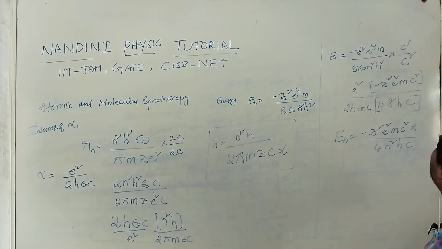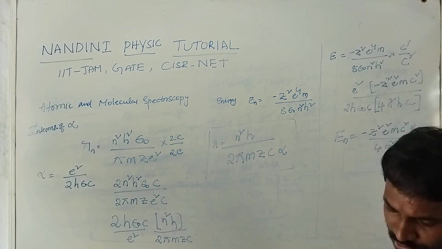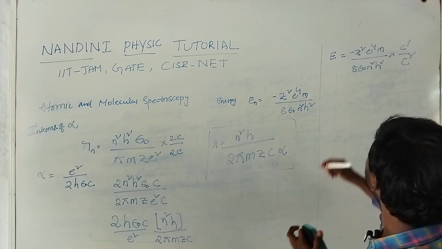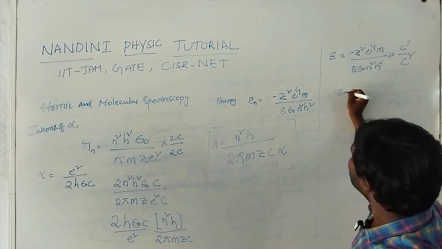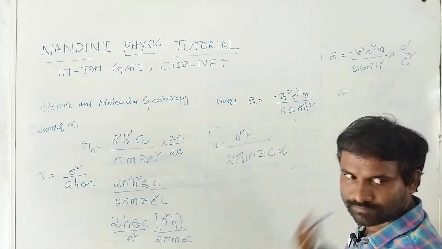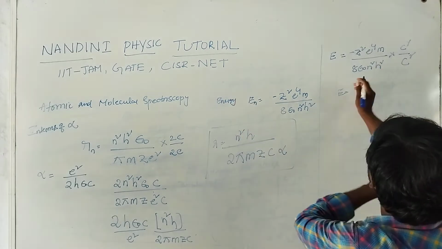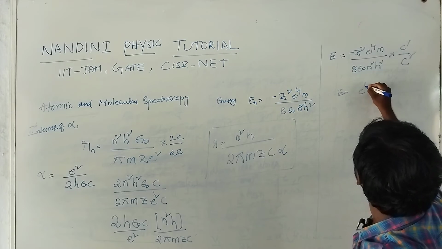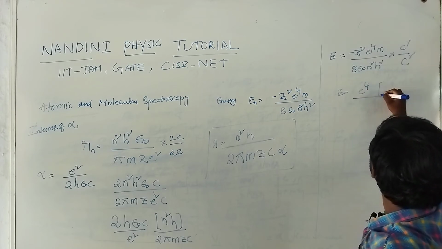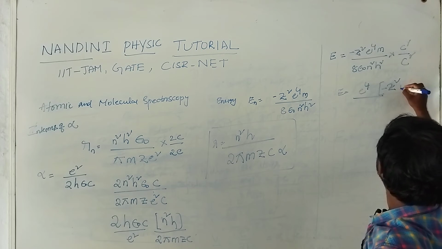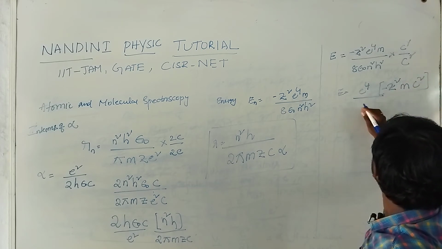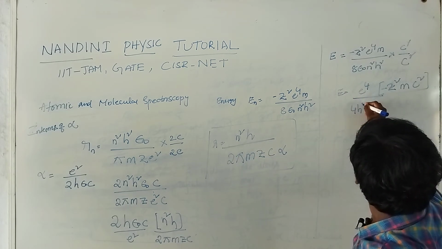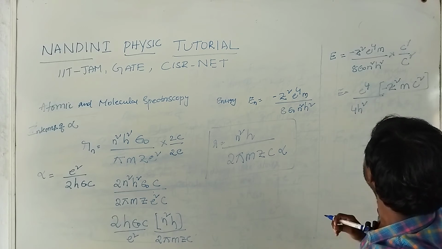It is better to take it in square notation only, it is possible. So don't write like this. Simply I consider E is equal to, so this pen was not working properly, I think. See, in E is equal to, take square terms only, because e square is there, e power 4, I will come in e power 4, and finally this is minus Z square m c square. Okay, and take the common 4 h square c.